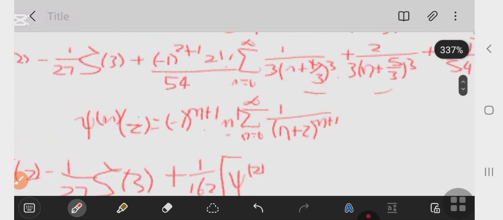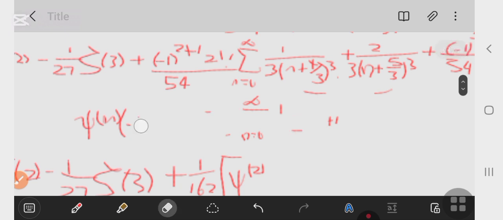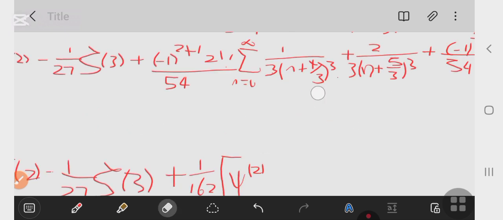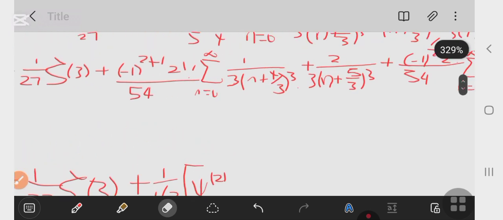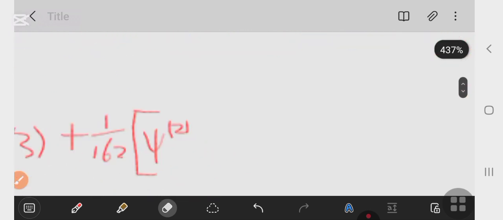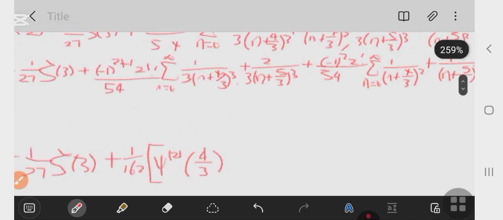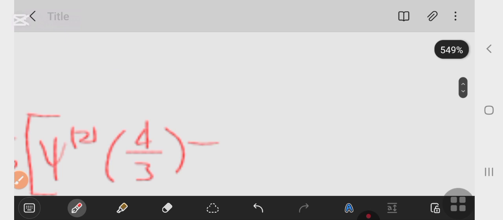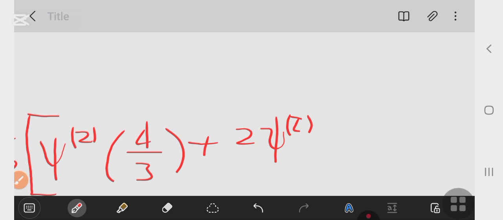Let me clean this. Digamma 4 over 3 here, 4 over 3, plus 2 digamma 5 over 3.